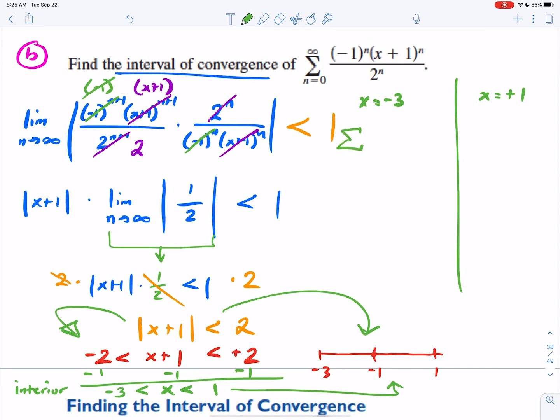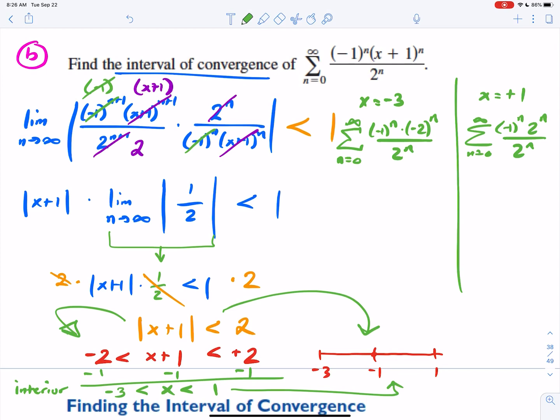Okay, so here if x is -3, then we're going to have -1 to the n times -2 to the n all over 2 to the n. Over here, we'll have -1 to the n, 2 to the n over 2 to the n.